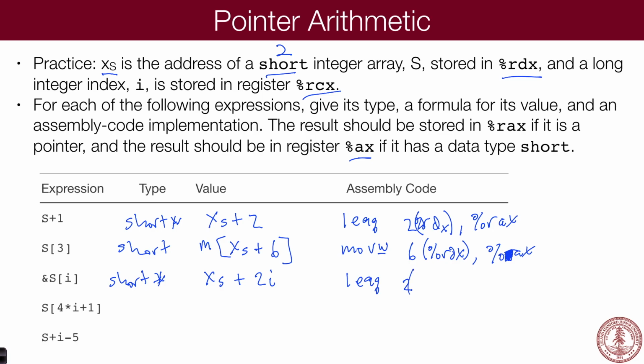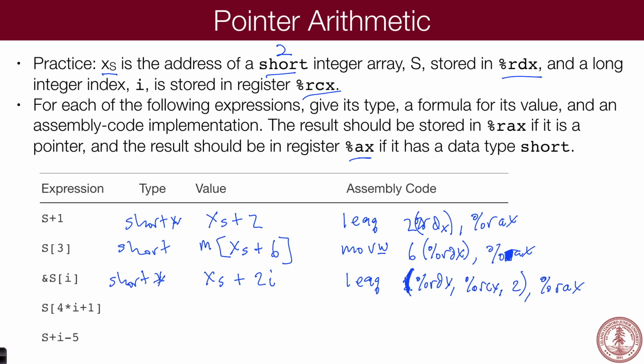We're going to do that. Percent RDX. Okay, now we're going to use I, which is percent RCX, and now we're going to multiply it by 2. And then this one, because it's an address, we can put it into percent RAX.